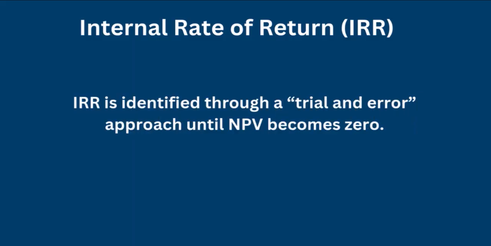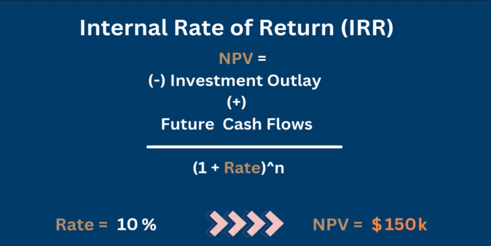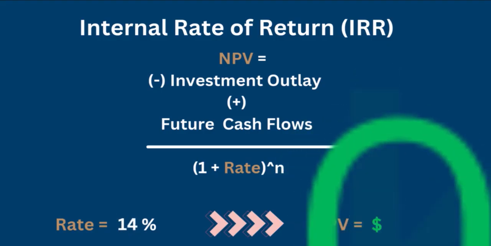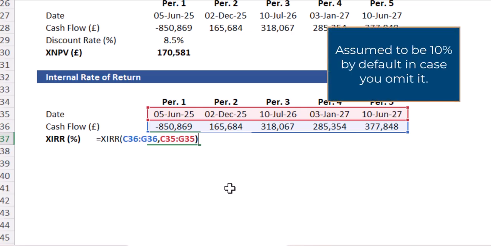The XIRR function performs an iterative calculation to solve for the rate of return. By default, it starts at a rate of 10% and then goes up and down until the NPV of the underlying cash flow becomes 0. As this is an optional argument, if you omit it, Excel assumes 0.1 by default.